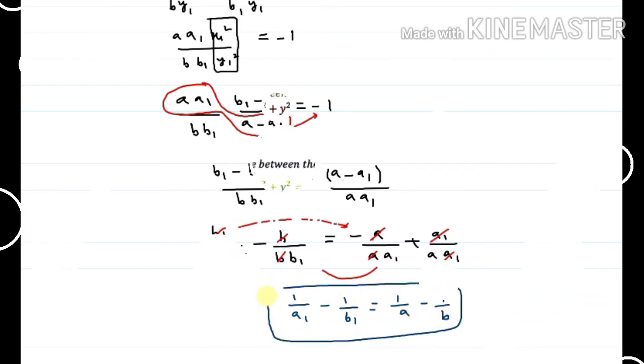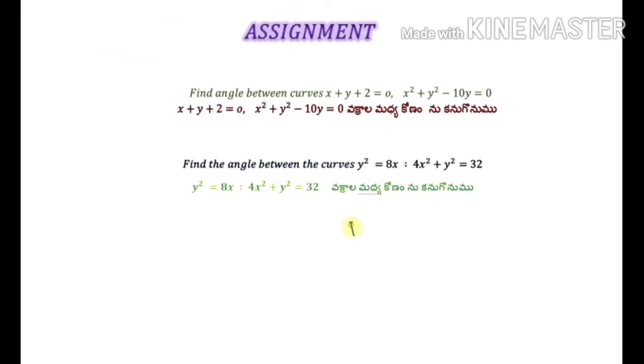To find the angle between two curves, first find out the point of intersection. Second, find out the m1 value, the slope of the first tangent, and m2, the slope of the second tangent, and after that substitute in this formula.